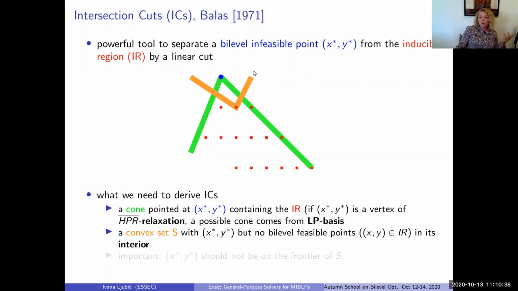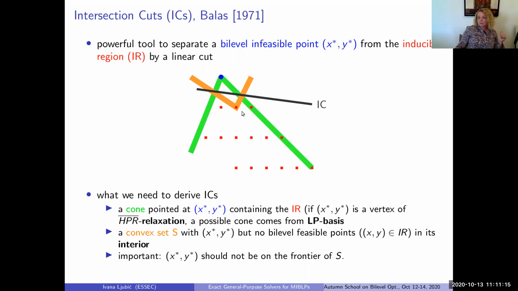And we will call it the bilevel free set, such that the infeasible point is in this convex set, but no feasible points are inside. And if we have this situation, then the intersection cut, that's why its name, will be found as a hyperplane at the intersection of this cone and the convex set, okay? And clearly this cut will separate the infeasible point from the bilevel feasible ones.